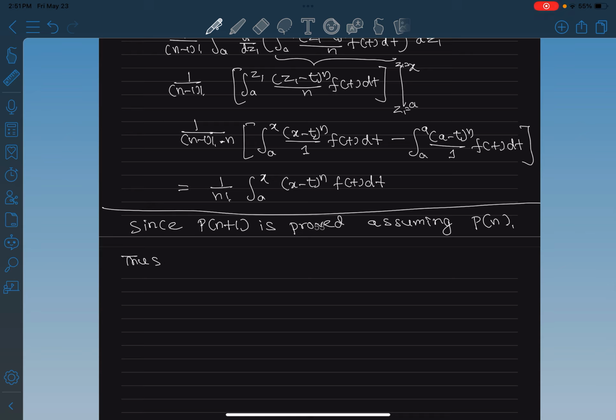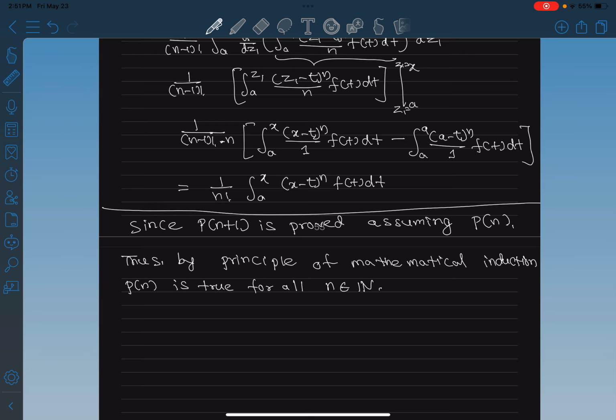Thus, by the principle of mathematical induction, the statement P of n is true for all n belonging to the natural numbers. And that proves the statement.